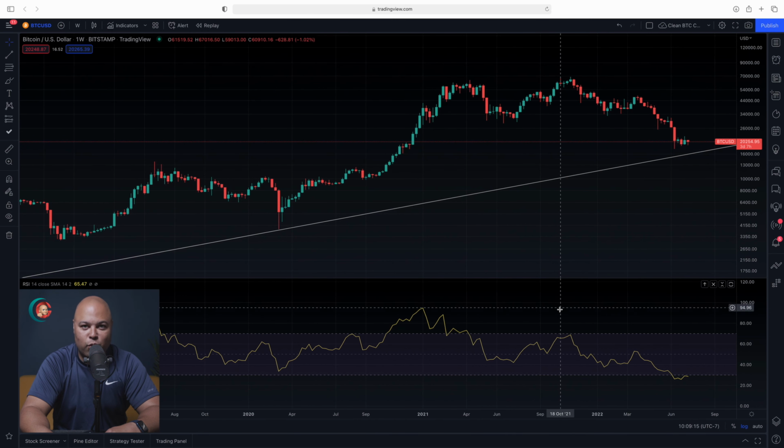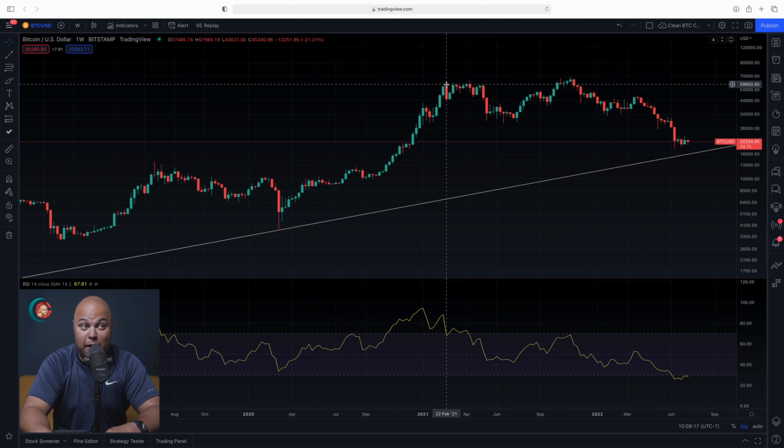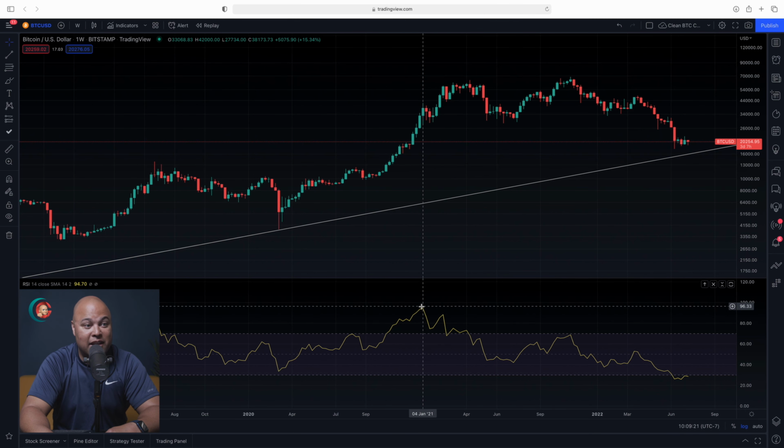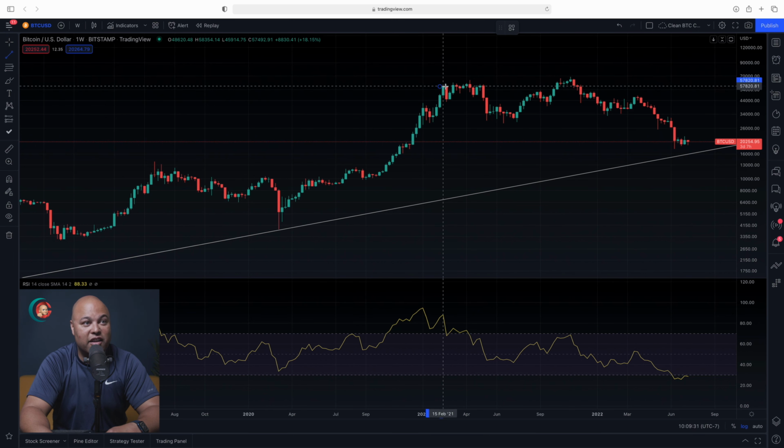So my basic rule for discerning the top is that when the RSI makes its first lower high, it's time to start taking profit. And by that rule, we started taking profit here at $58,000.